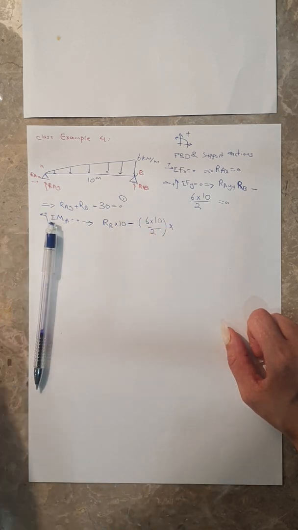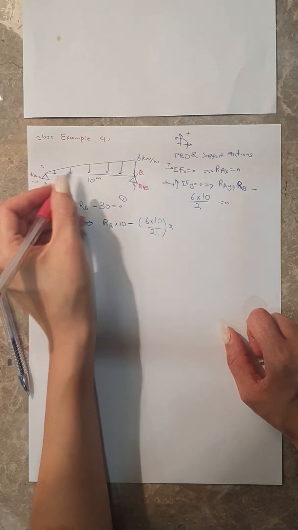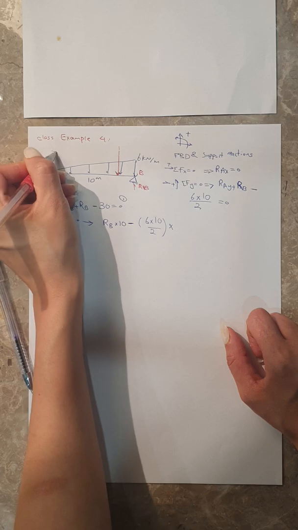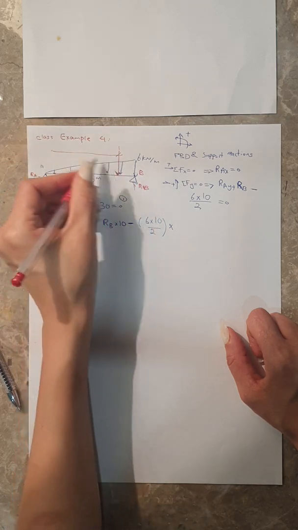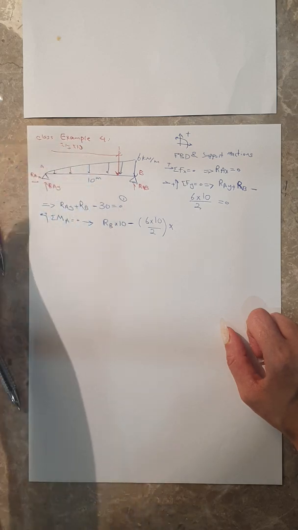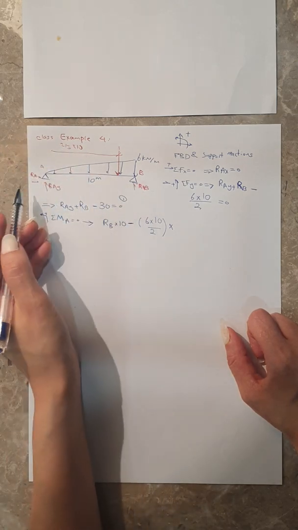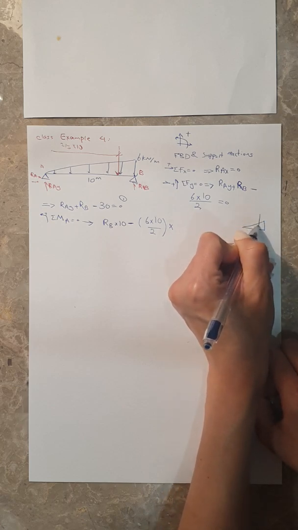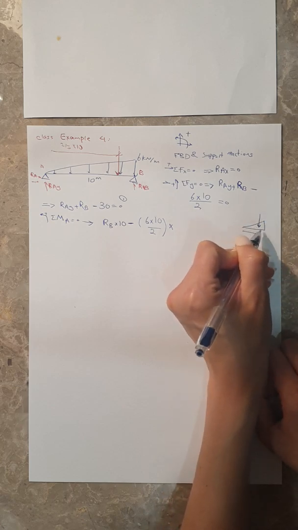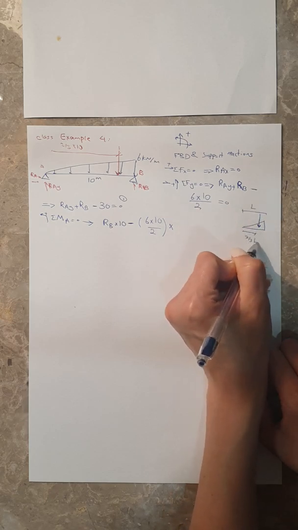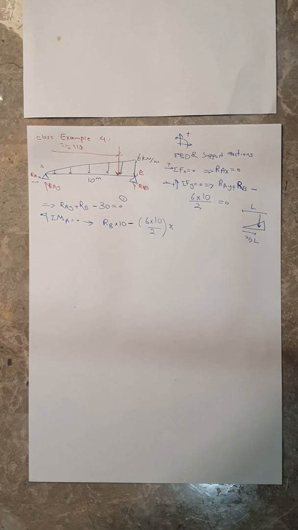And where is this load going to act? It would be here. And how much is that distance? From here to here it would be 2/3 of that 10 meter that we have. It's always like that: if you have a triangle like this, the force would be this much, and if the total length is L, it would act at 2/3 of this length.